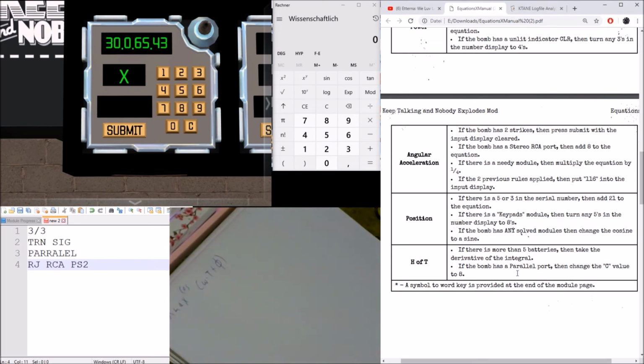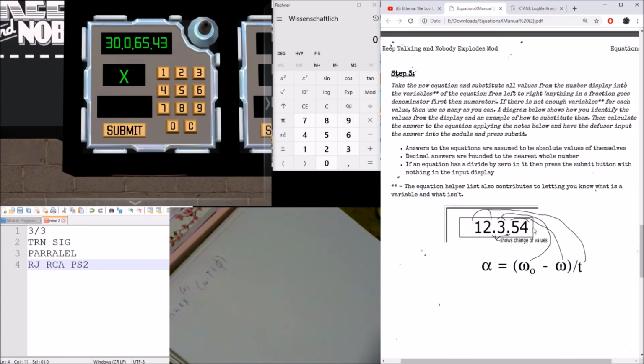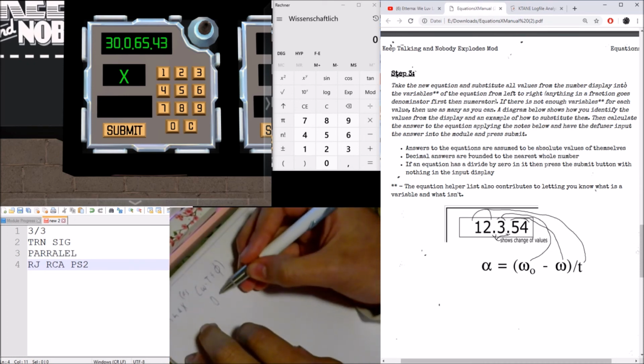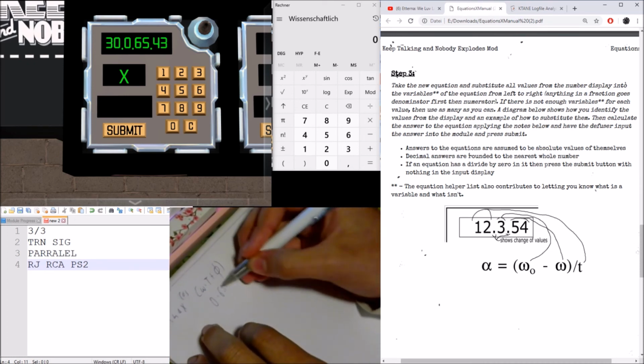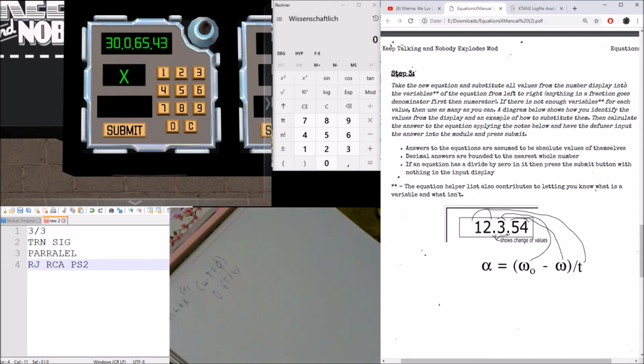So we have cosine. Now you just translate this again. Everything in the parentheses is these numbers, so it's 0 times 65 plus 43. It's just in reading order for these ones. And for the x max, it's the first number, which is 30.